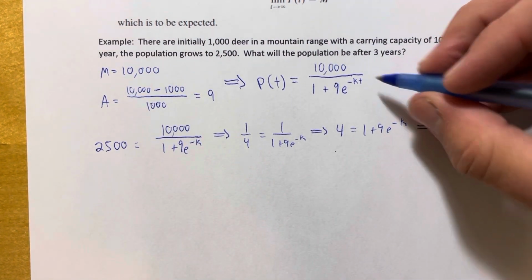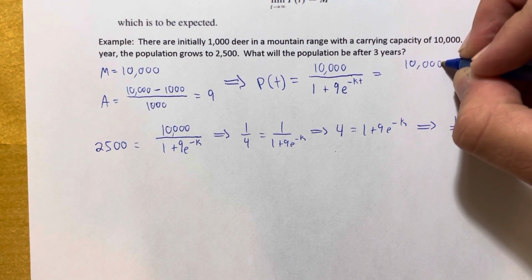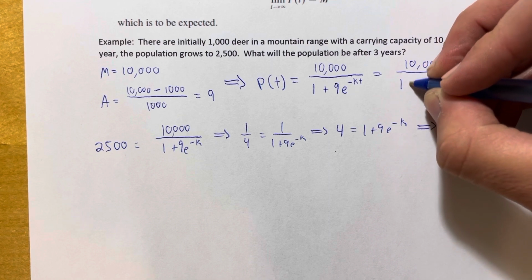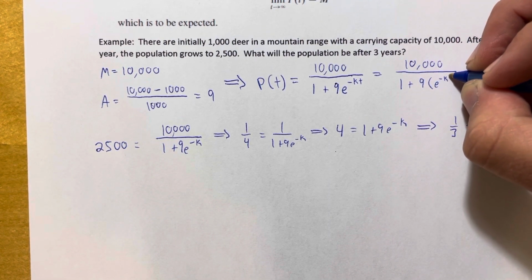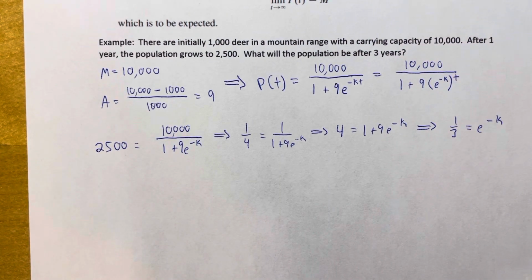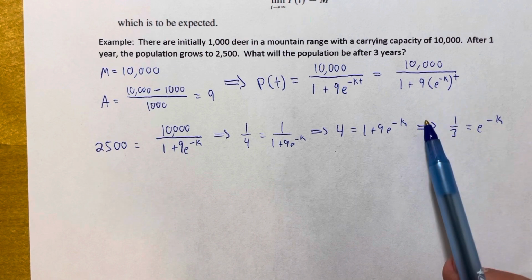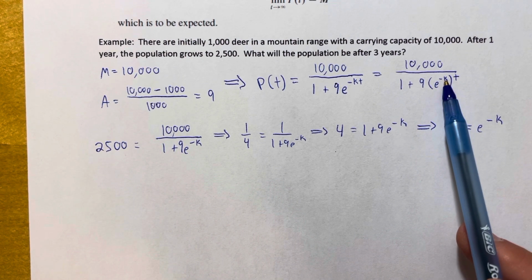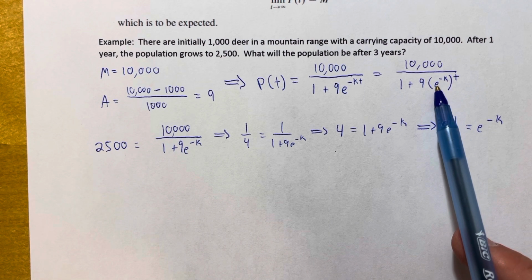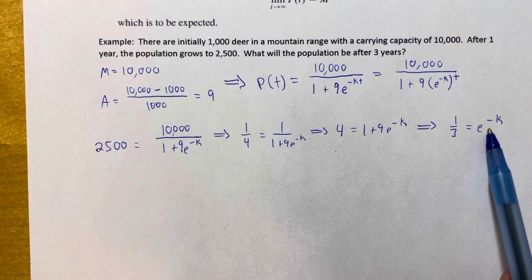This population growth model, if you notice, I can write in a slightly different form using a useful exponent property. That e to the negative kt down there is the same thing as e to the negative k, to the power of t. So instead of solving for k, I'm just getting this e to the negative k in parentheses, which shows up exactly here.